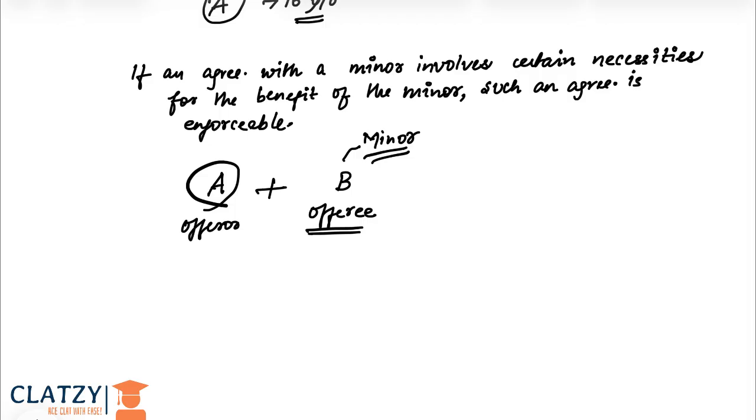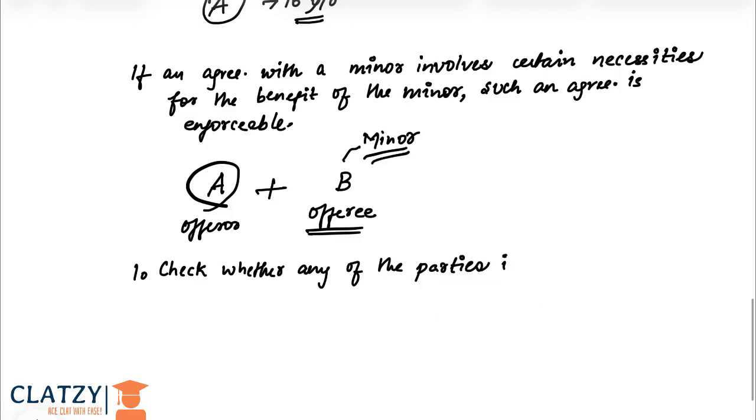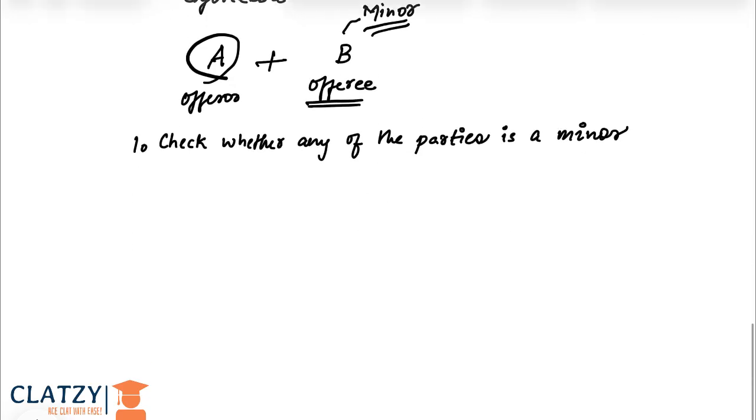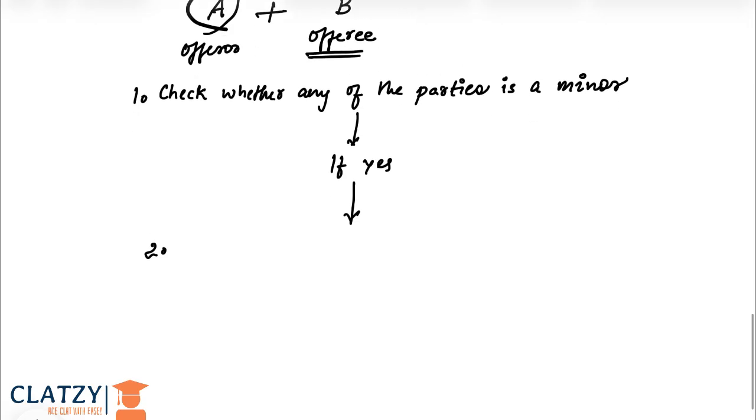Okay, don't immediately come to the conclusion that just because a minor is involved, the agreement is void ab initio. Never do that. First step is to check whether any of the parties is a minor. If yes, then proceed to step 2.